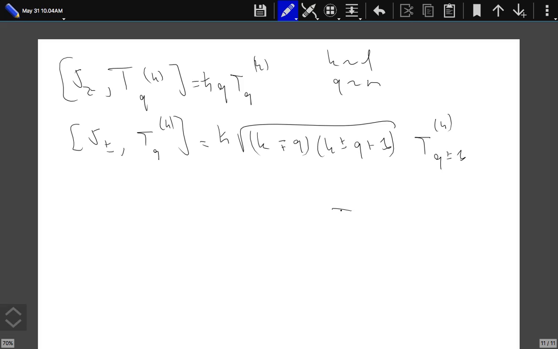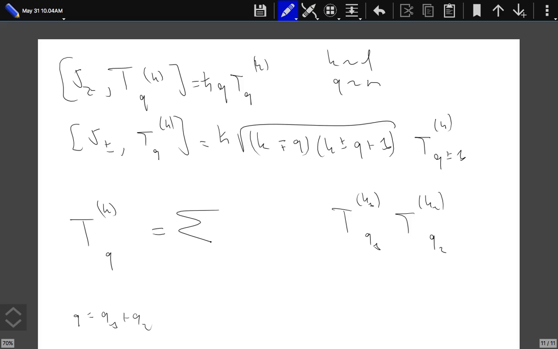And let's say you have an operator with k1, another operator with k2. One has q1, the other one has q2. You can multiply them. But of course, this product will not be reducible. Well, you can obtain the irreducible representation with total spin k, and q value, of course, q should be equal to q1 plus q2.